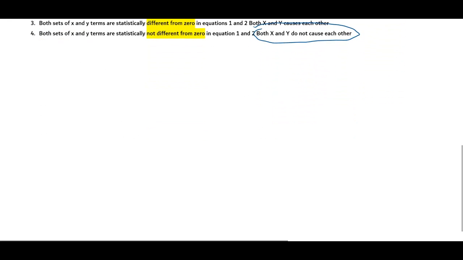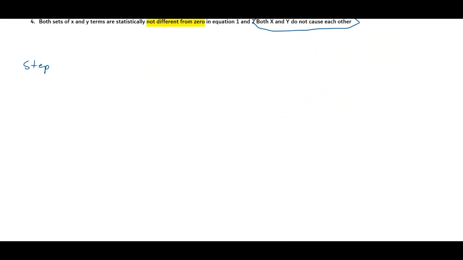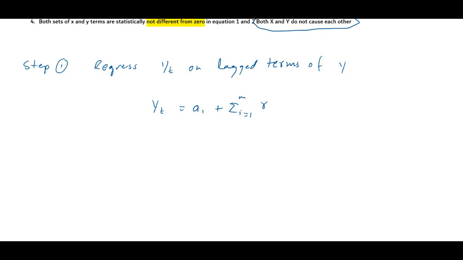The first step in testing the Granger causality test is that we regress yt on lagged terms of y, that is yt is equal to alpha 1 plus summation i is equal to 1 to m gamma i yt minus i plus e1t.